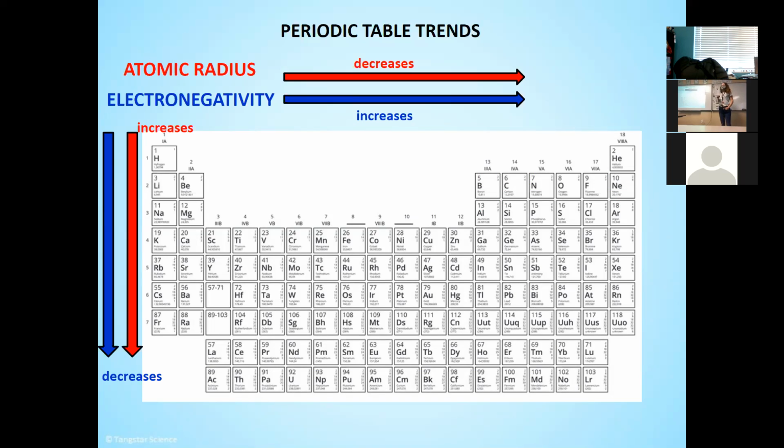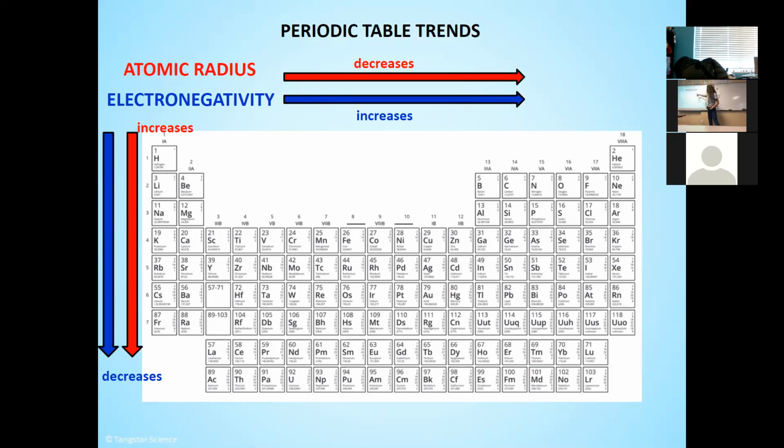Why would they get smaller as it goes to the right, even though we're adding on electrons? Kind of hurts my brain. What's going on? It's not getting more shells.